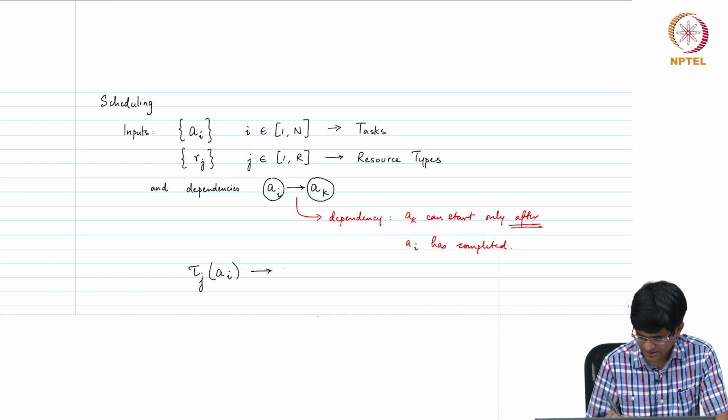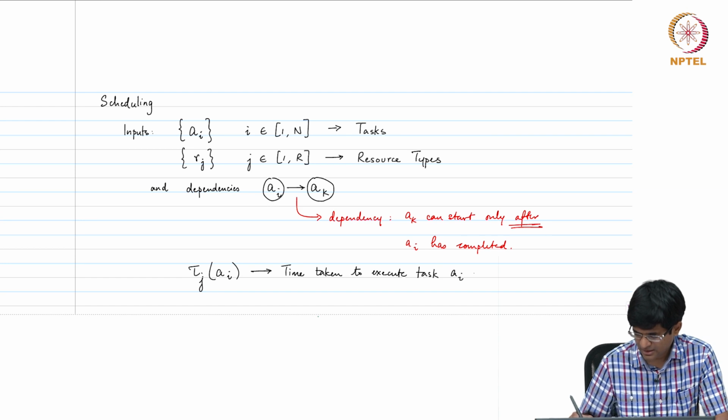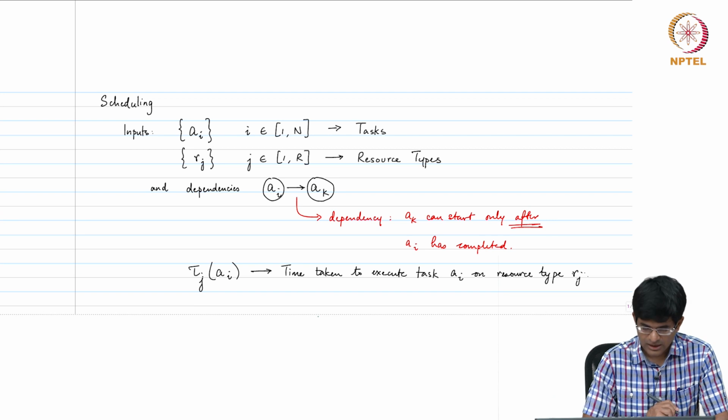This is the time taken to execute task AI on resource type Rj.